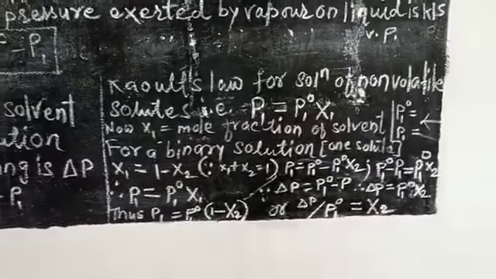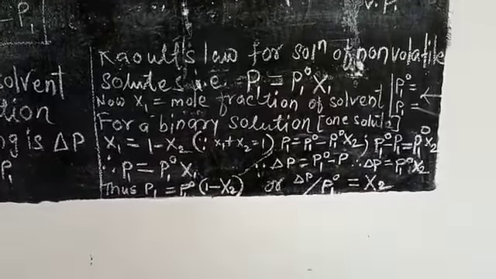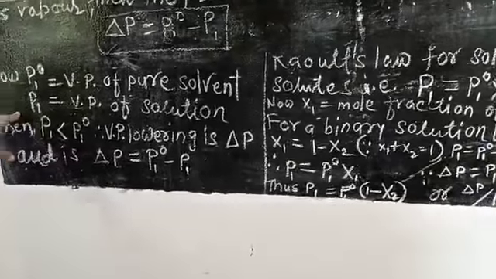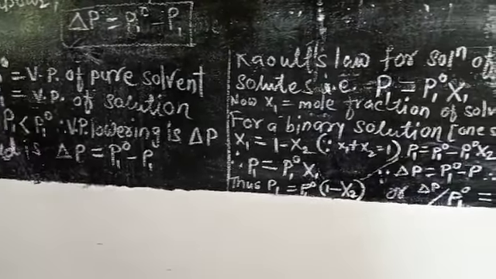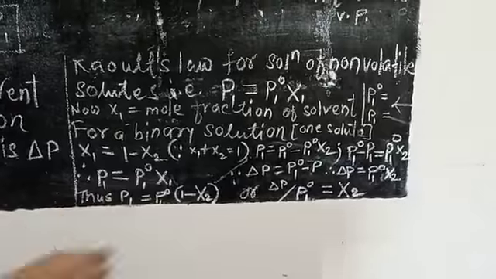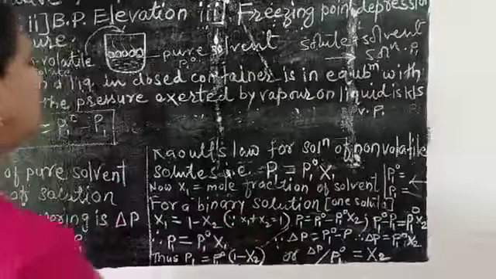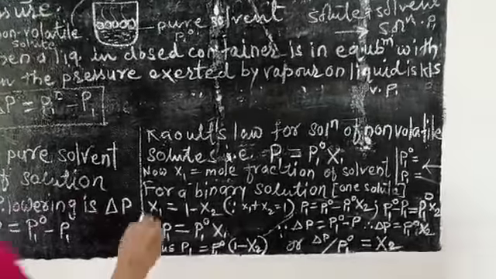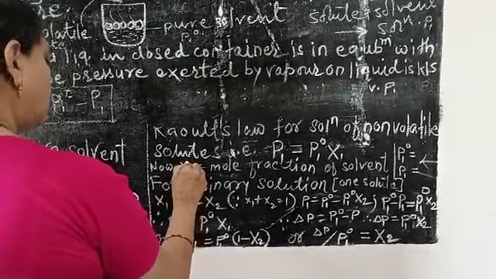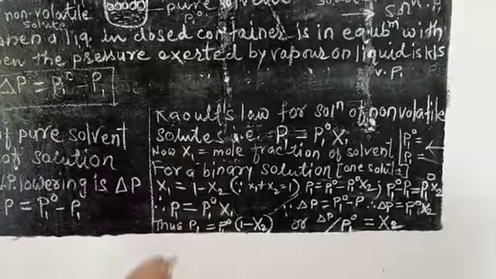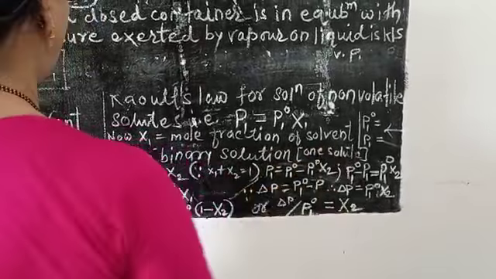Okay. What is P1? Vapor pressure of solution. What is P10? Vapor pressure of pure solvent. And what is X1? It is the mole fraction of the solvent. One is for solvent, 2 is for solute. So X1 is the mole fraction of solvent.